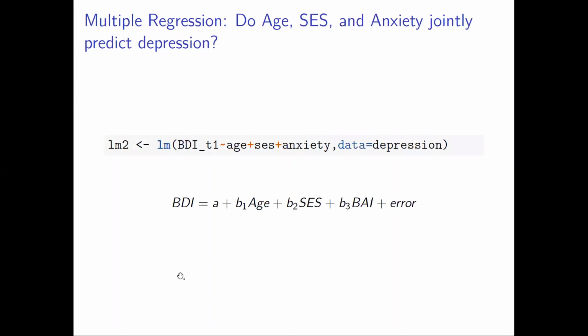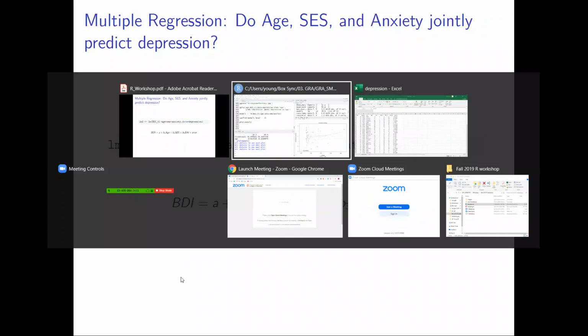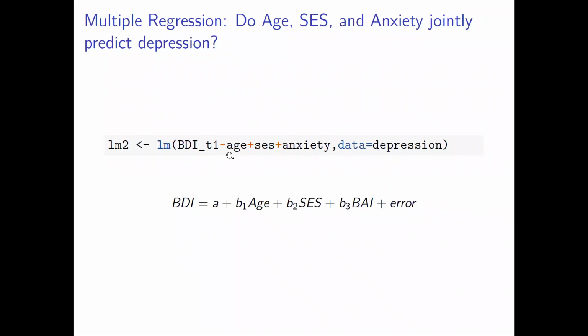We can do multiple regression. That's also useful, right? So it's the same story. Now let's say we want to know if depression is a function of age and SES and anxiety. You just add more variables to that formula. So age plus SES plus anxiety.